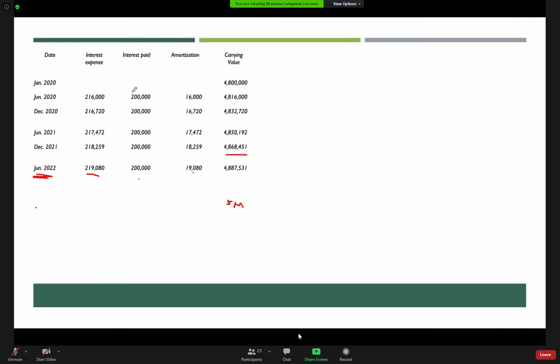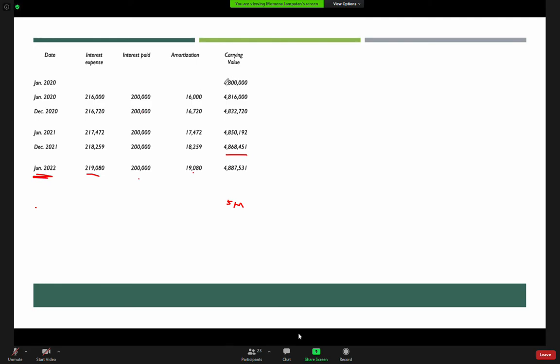Ito yung actual cash outlay at actual cash outflow for interest payment. Okay? Mas malaki yung interest expense. Bakit? Kasi other than the interest payment, dinadagdag din natin dyan yung amortization ng discount. And the amortized value of the discount is determined by comparing the interest expense with the interest paid. So yung difference nila will be the amortization of the discount.